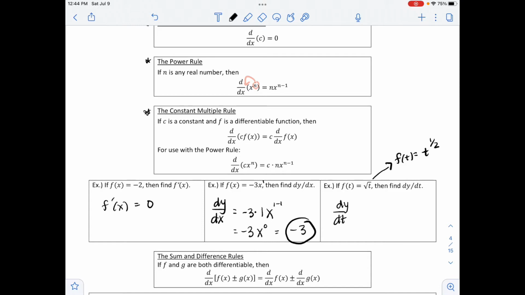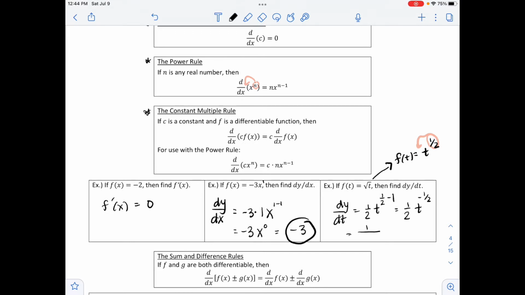Working this out, again, that power, the 1/2, gets moved out in front, and then we subtract 1 from that exponent. So we're going to have 1/2 t to the 1/2 minus 1. This is going to be 1/2 t to the negative 1/2. Remember, negative 1/2 is going to move to the denominator.